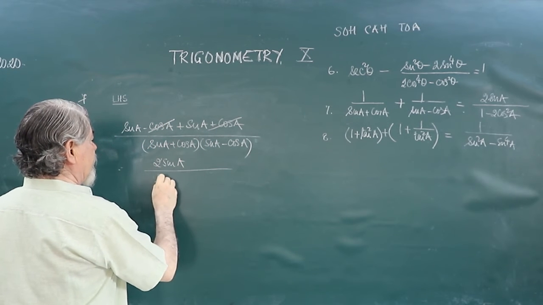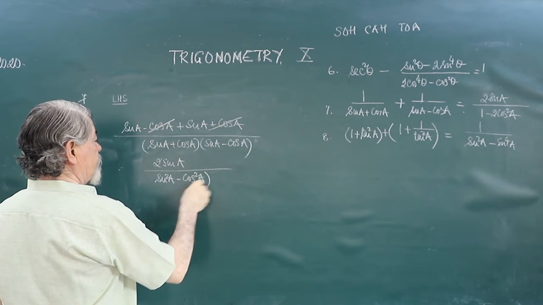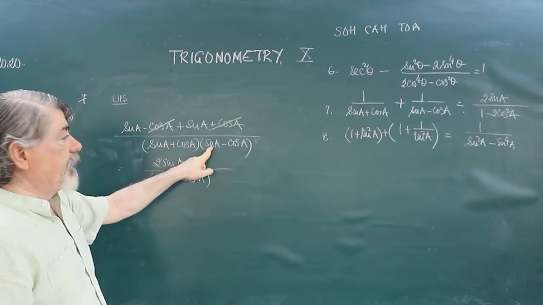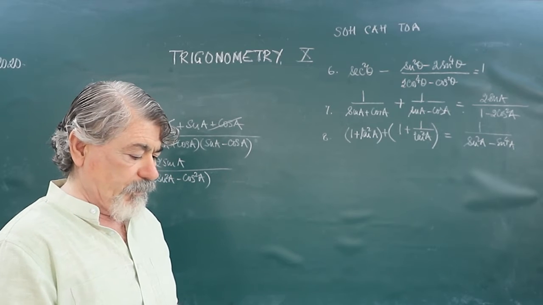It will become sin square A minus cos square A. A plus B, A minus B when multiplied will give you A square minus B square.